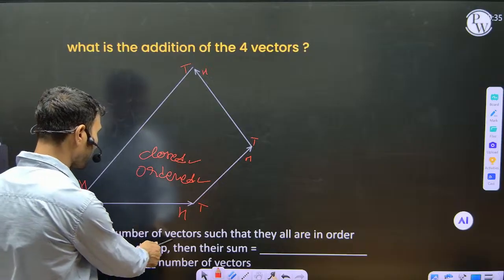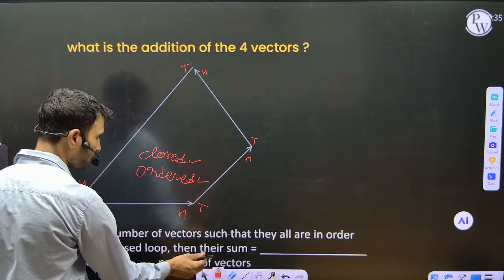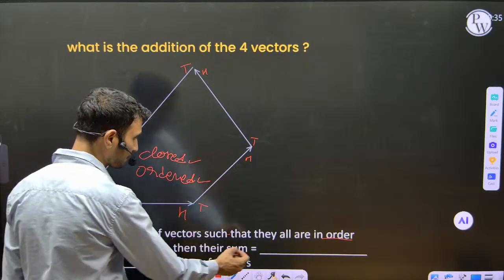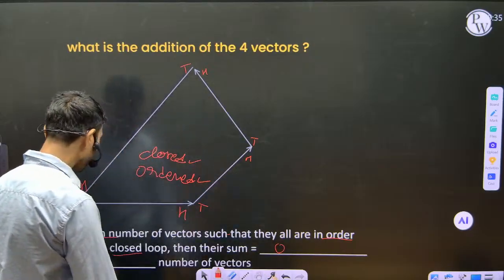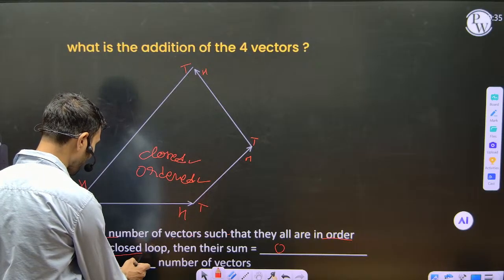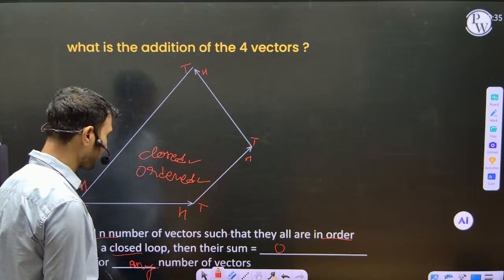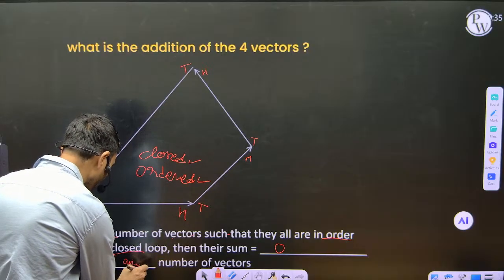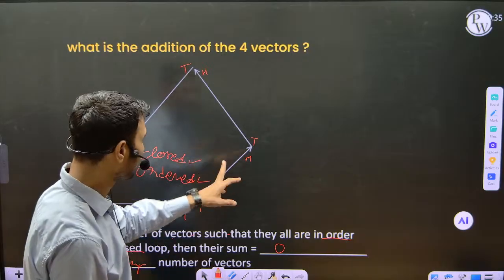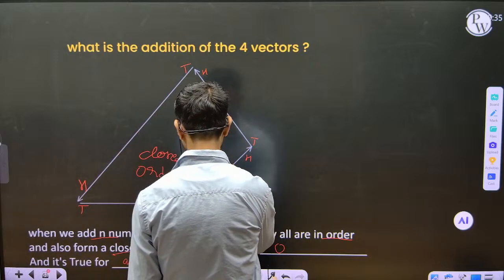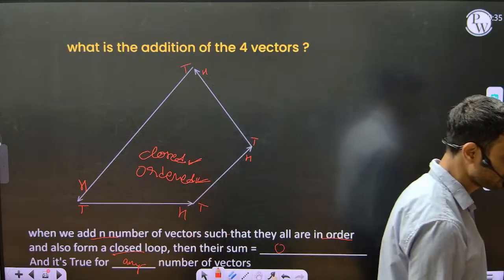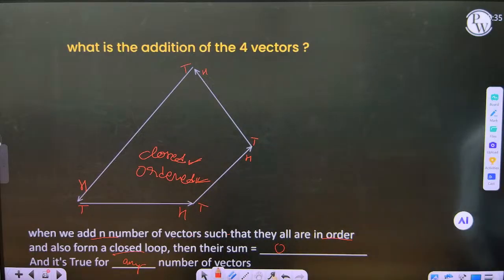When we add n number of vectors such that they are all in order and also form a closed loop, then their sum is 0. And this is true for any number of vectors, doesn't matter. If you have 100 vectors also, if they are closed and they are ordered, their sum will be 0, right? Take this down.